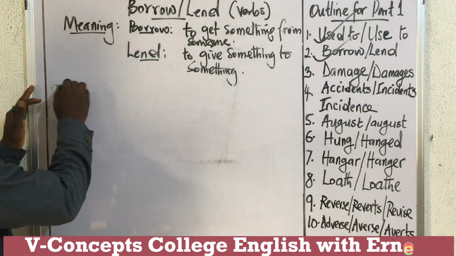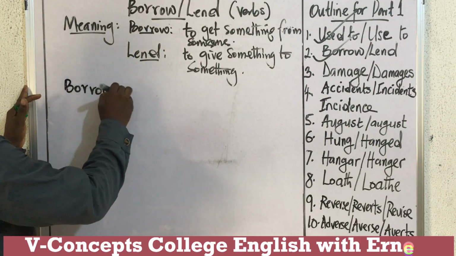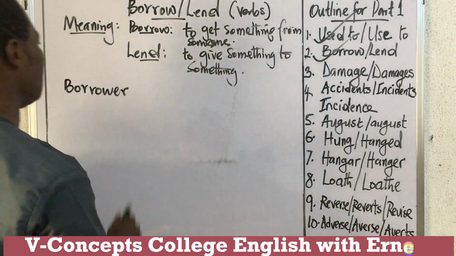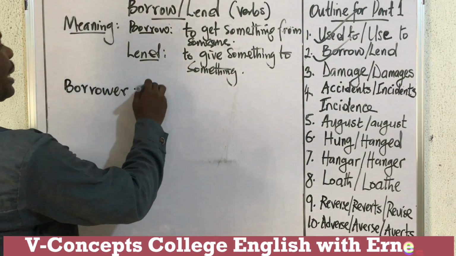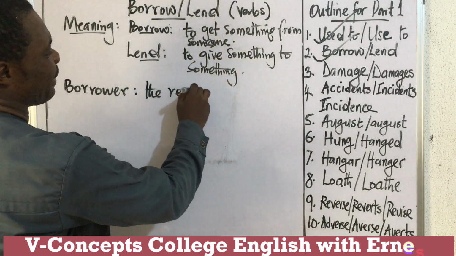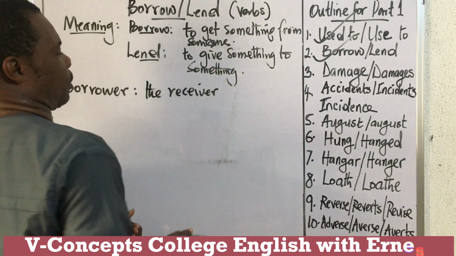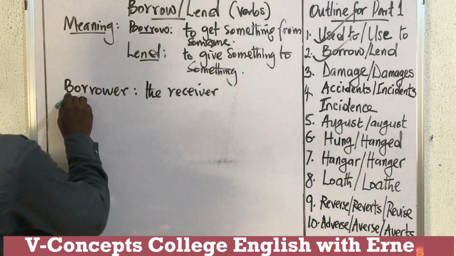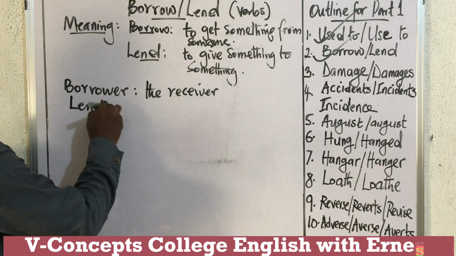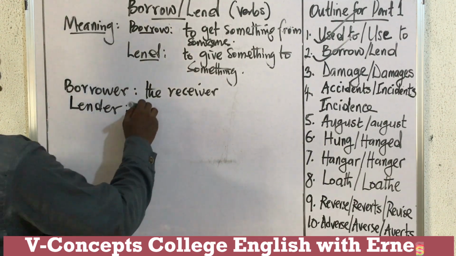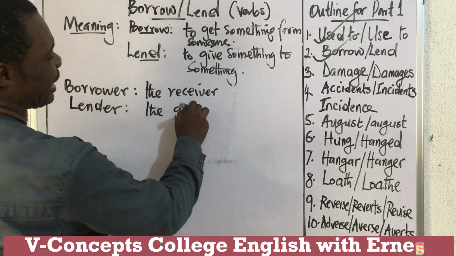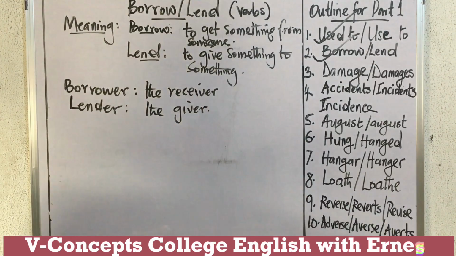Now the borrower is the receiver of whatever it is that you're talking about, while the lender is the giver. So this is how it works.